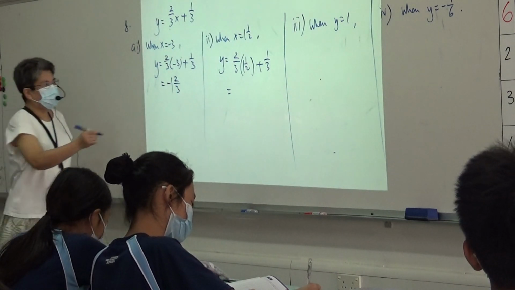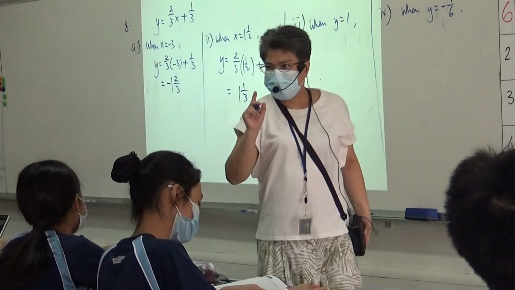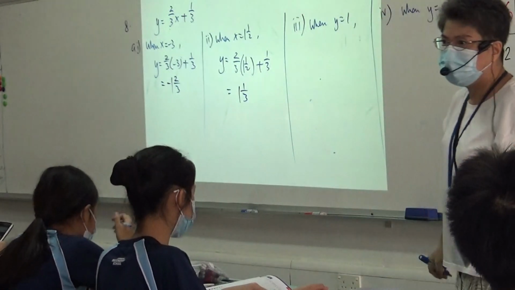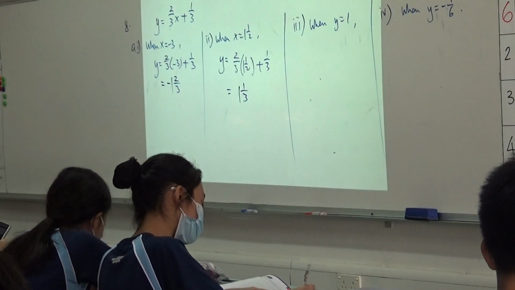One method. Very good. Now, do you agree part A, 1 and 2 is very straightforward? Because they give you X, they ask you to find what? Y. What about part B?